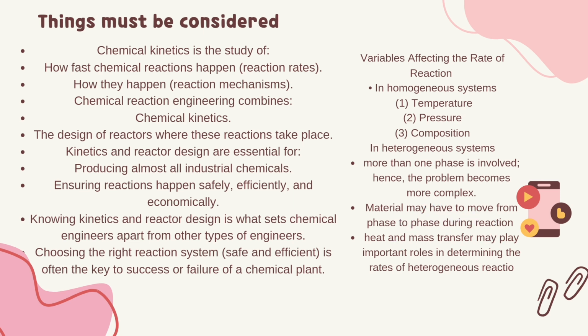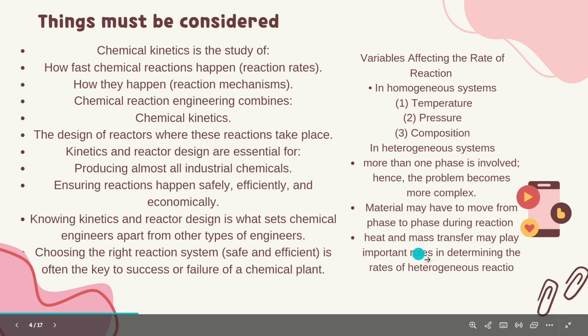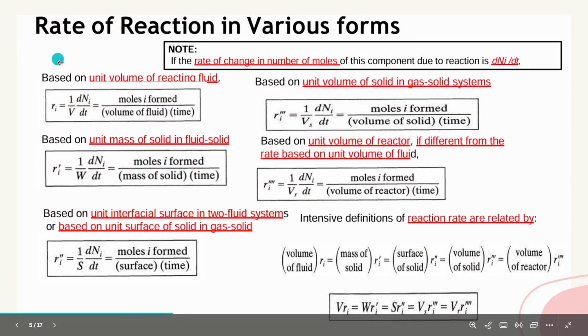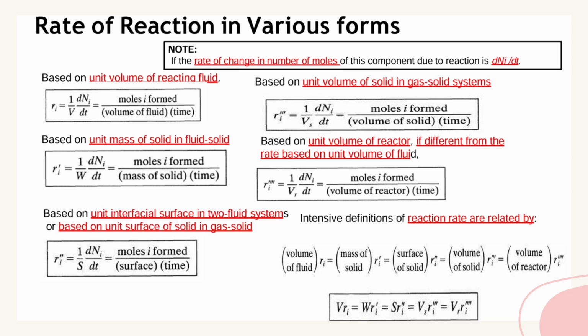Mass transfer plays an important role in determining heterogeneous reaction rates, so it is important when choosing the chemical reactor. There are different forms of reaction rates.